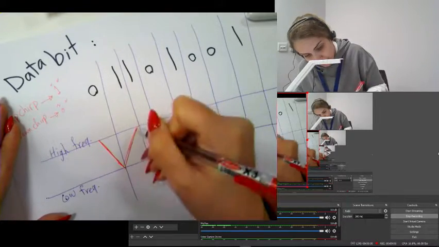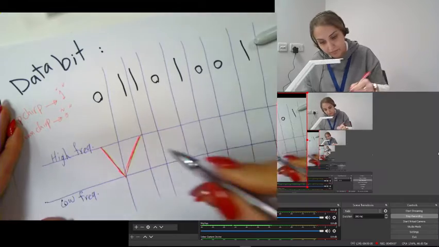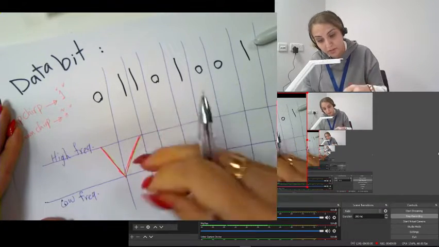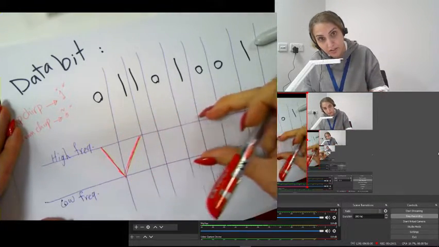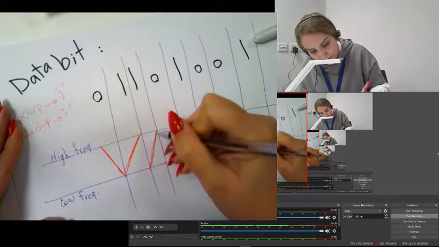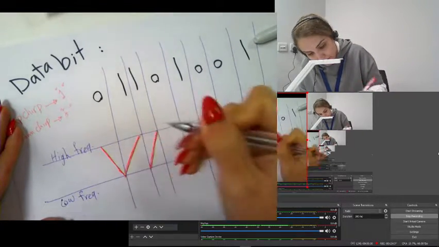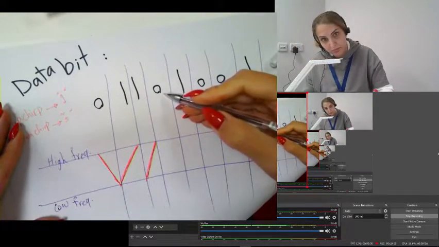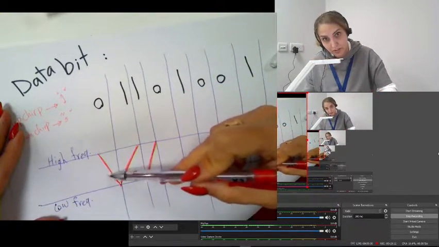Again, I have 1. I don't continue that. Remember, it has to have constant amplitude. So it's going to have another chirp pulse here. I have 0, meaning that I am going to have one of these guys here.